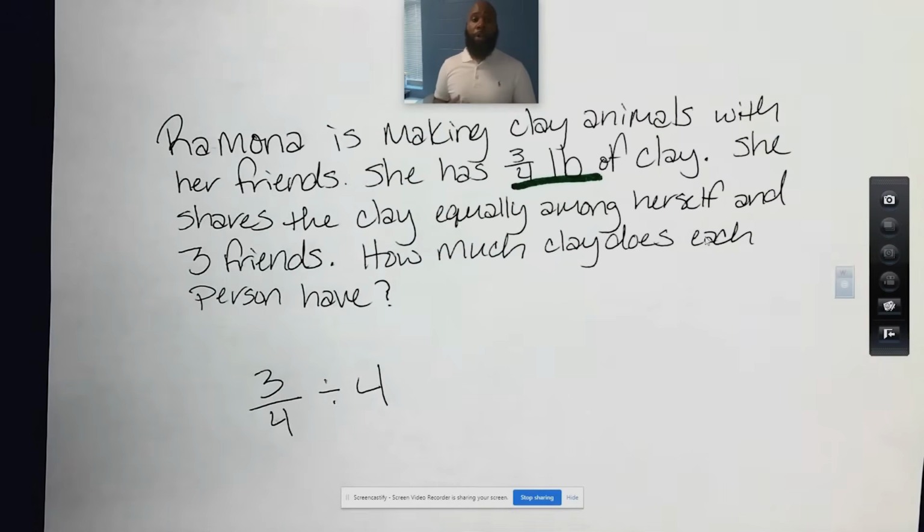How many parts are we dividing the clay into? You're right, 4 parts. Why is it not 3? Correct, because Ramona wants clay too. Let's use our fraction bar to first divide 3/4 into fourths so we can better see how much clay we have to portion out.